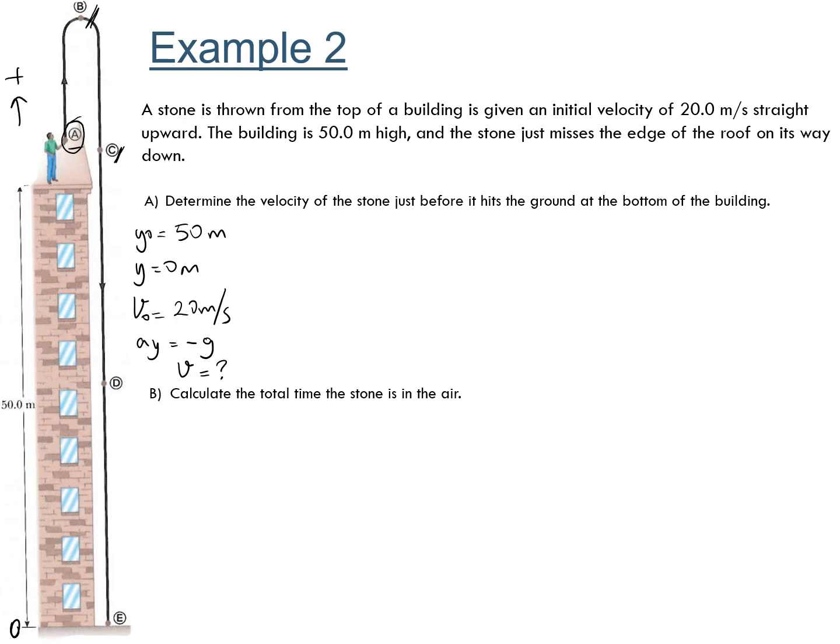So all we need to solve for is the velocity at point E. Given the variables, I think the best way to approach this is to use the timeless expression. For example, v squared is equal to v naught squared minus 2g times y minus y naught.